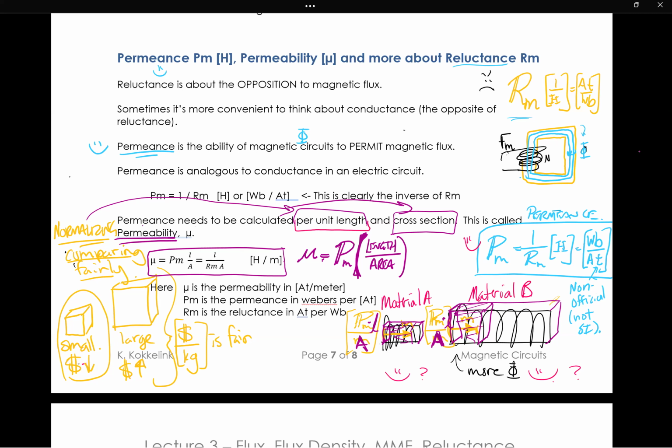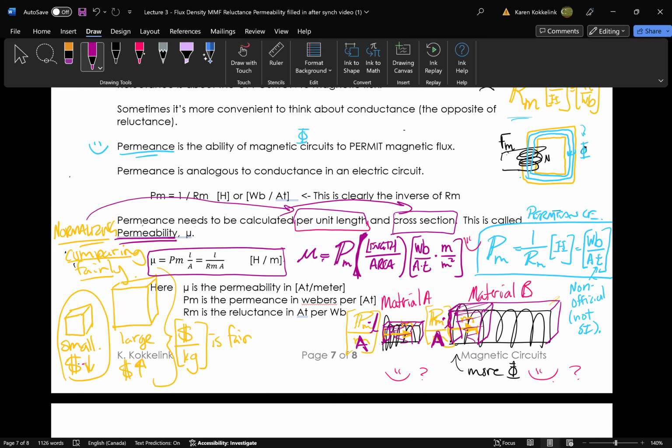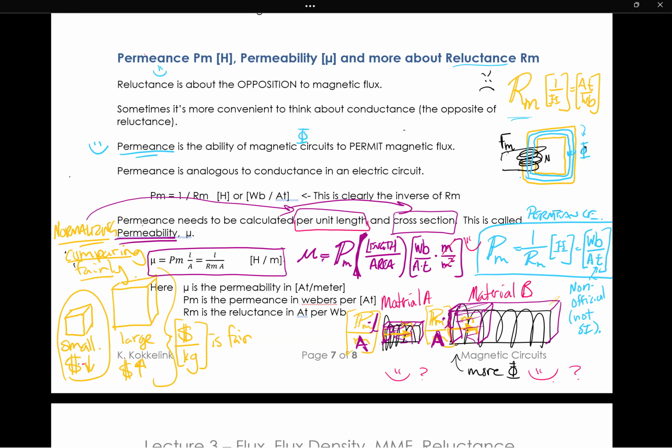Which is going to give us Weber per amp turns times meter over meter squared. If we were to simplify those units, we have a meter and a meter squared here.